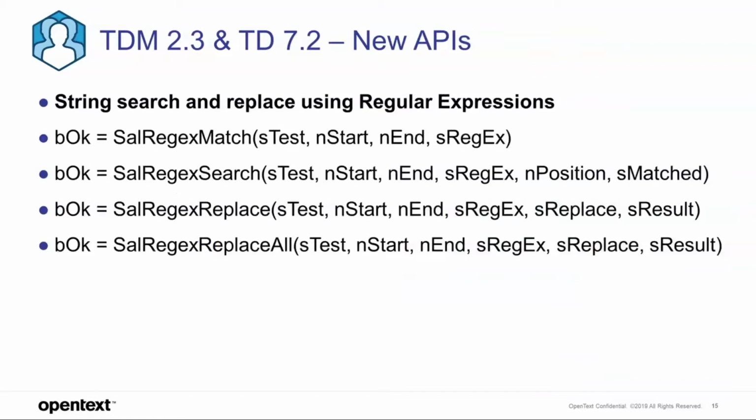To accomplish that, there are 4 new functions in TD Mobile and in Team Developer 7.2: SAL regex match, SAL regex search, SAL regex replace, and replace all. These can be used to analyze your strings with regular expressions.